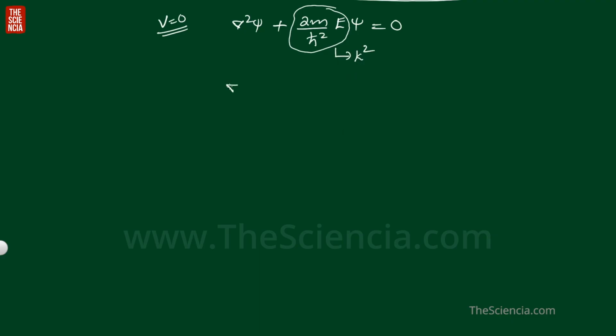So the equation becomes del square psi plus k square psi equal to 0, where del square is dou square by dou x square plus dou square by dou y square plus dou square by dou z square. So this is a second order differential equation.